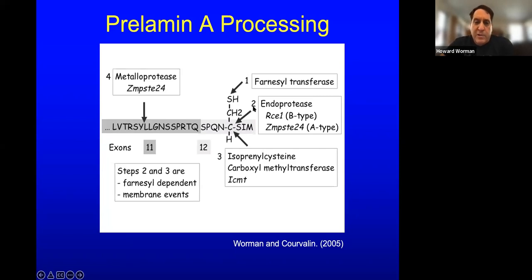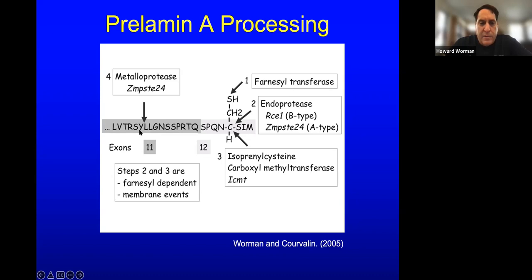Then an endoprotease chops off the last 3 amino acids, the AAX, if you will, or the SIM in this case. Then an enzyme called isoprenylcysteine carboxyl methyltransferase catalyzes the carboxymethylation of the cysteine. And then in the case of Prelamin A, this metalloproteinase, ZMPSTE24, recognizes this farnesylated tail and cleaves it right here between this Y and L sequence.